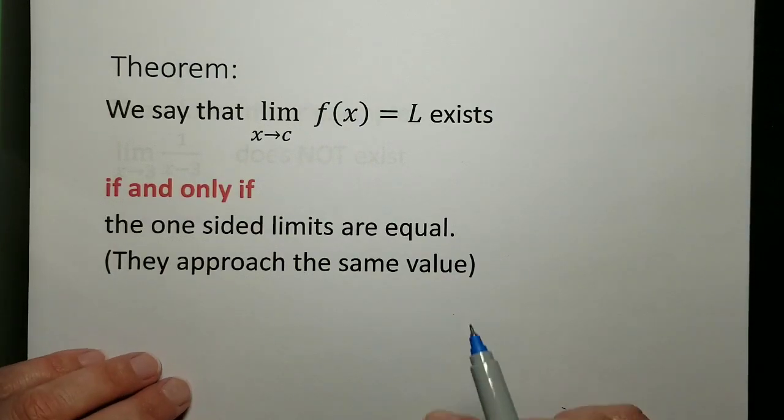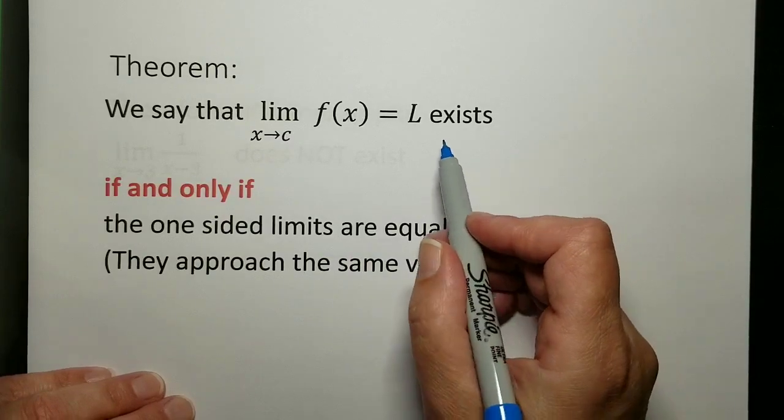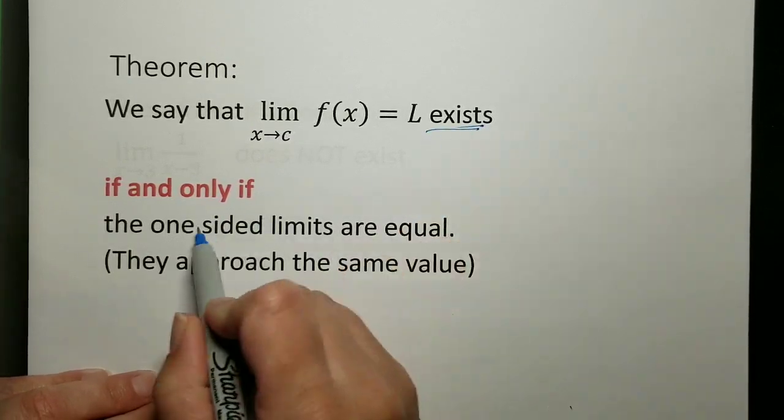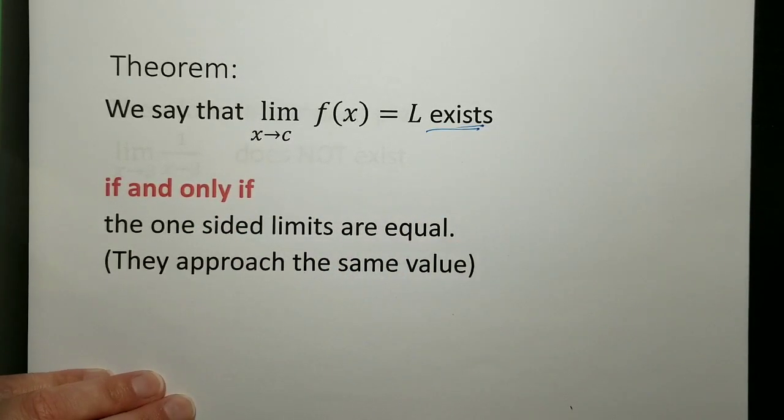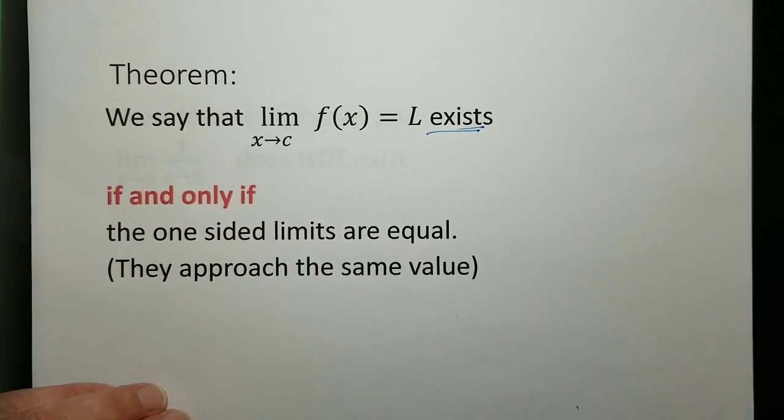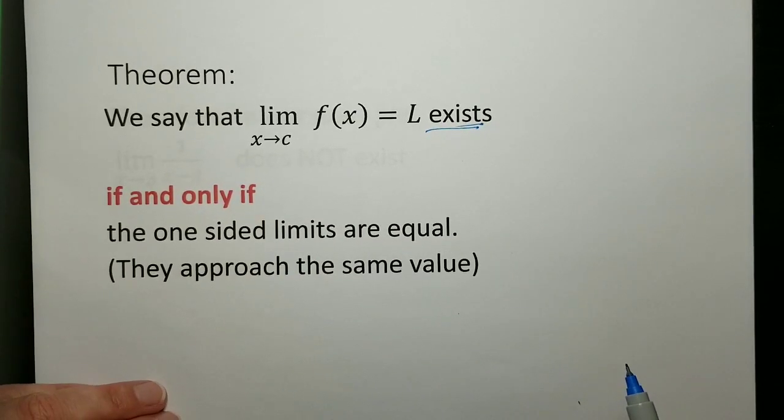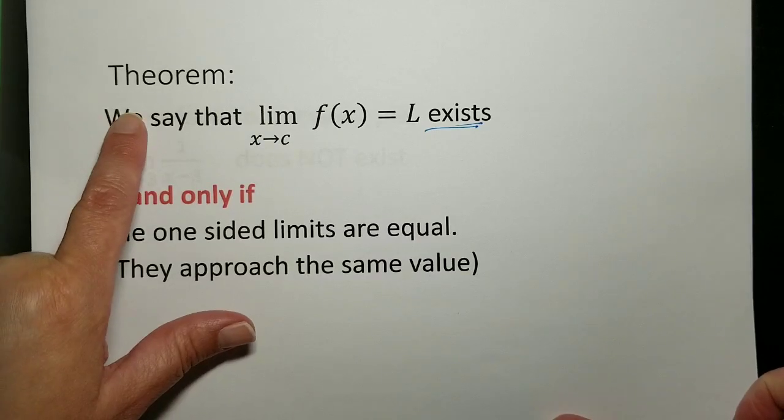So the limit as x approaches c of f of x exists if and only if those sided limits are equal. We need the sided limits to be equal, and that means the limit exists. If we know the limit exists, then we also know that the function must approach that value from both sides, approaching the same value. So remember the if and only if.